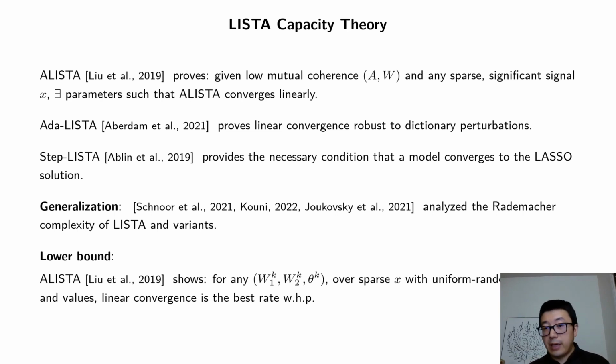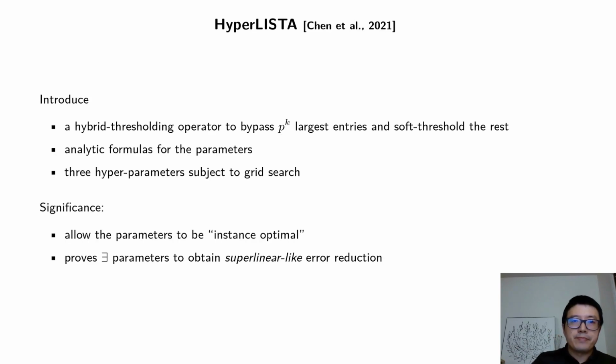You're not able to get, in particular, superlinear convergence because you use one set of trained network parameters for a fixed A matrix, but varying sparse signals. And once you do it for all sparse signals, you can't do better than linear convergence. And this is what the theorem says.